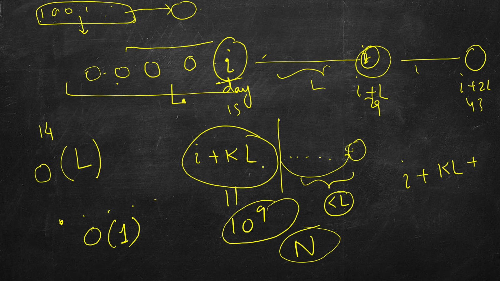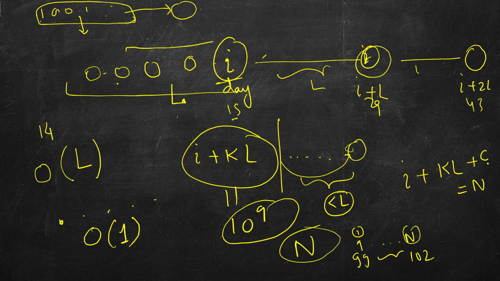So it will occur on 15 plus 84, that is 99. On the 99th day also the same value, and our n is 102, let's say. So 3 days are remaining, and this value will be less than loop length. So I plus KL plus some constant, this can be 0 also, is equal to n.